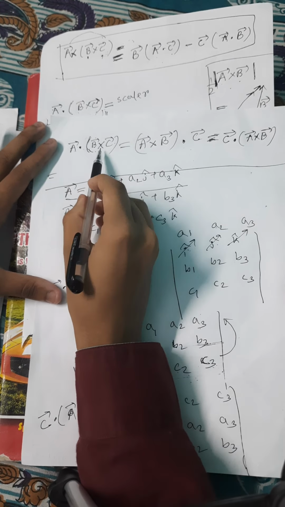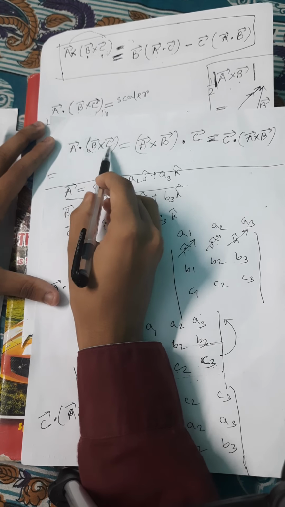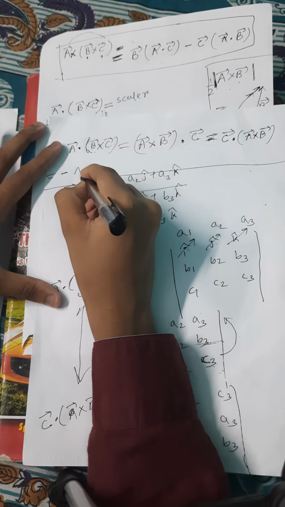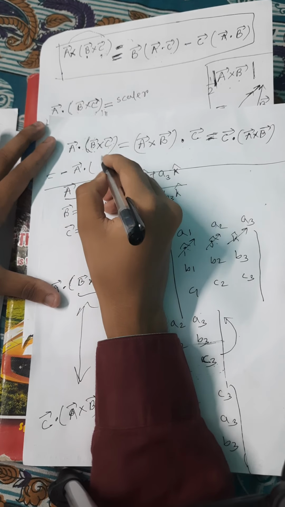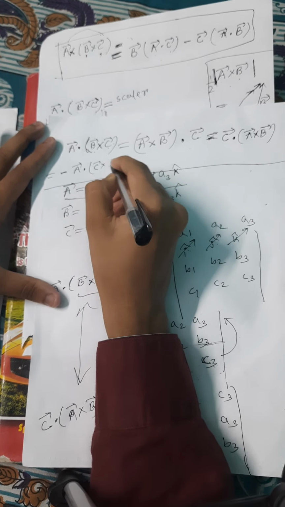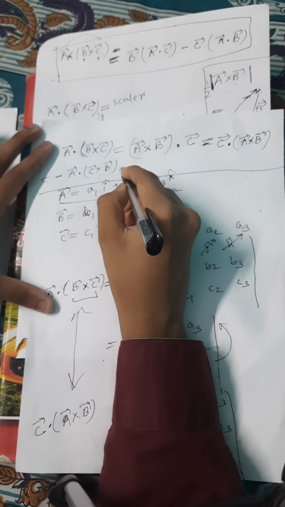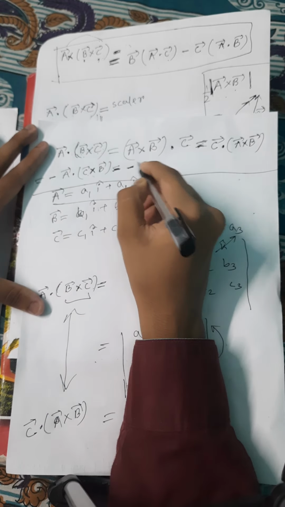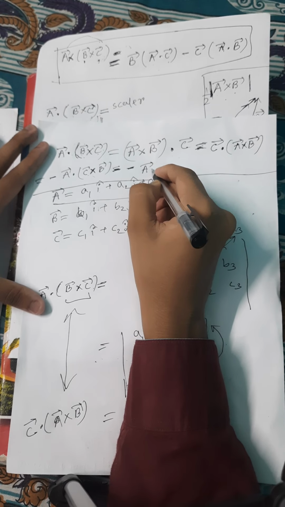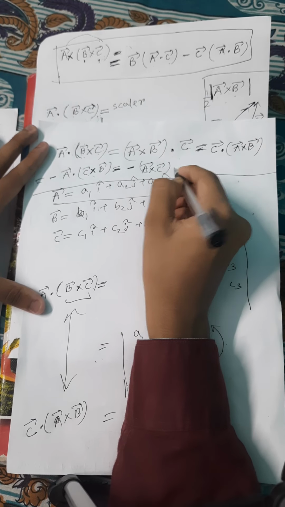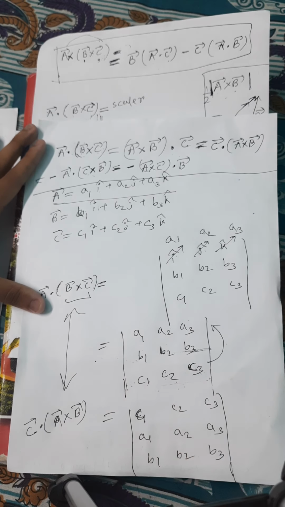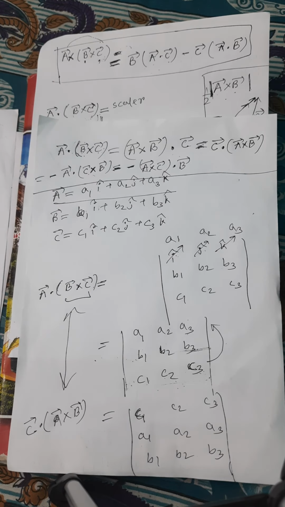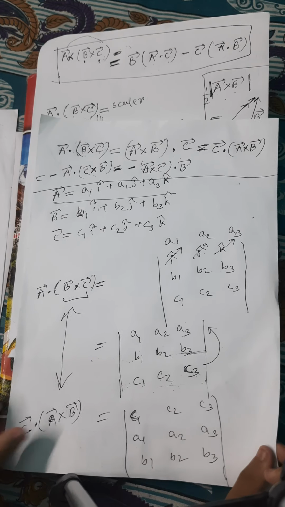If you want to change the order of b cross c, then you have to take one minus sign, and a dot c cross b. Now you can change the order of cross and dot by this, a cross c dot b. This way you can interchange all those things.